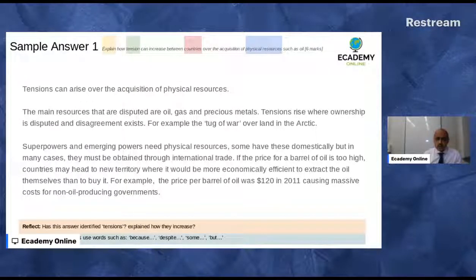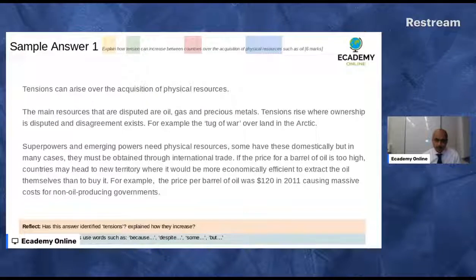Well, I don't know of any examples where countries can, I mean, pretty much all the planet except for Antarctica and the Arctic are regions where even the territory is divided. So it's not a case of a country just turning up somewhere and then just extracting oil wherever it wants. So it's a little bit confused there.